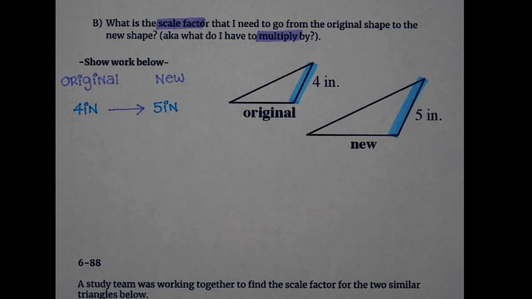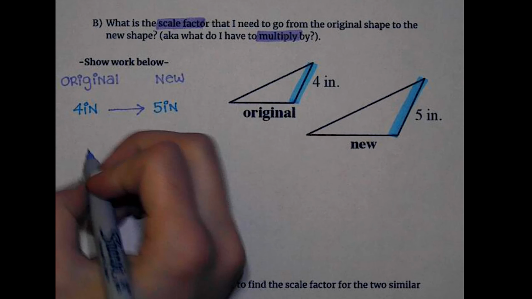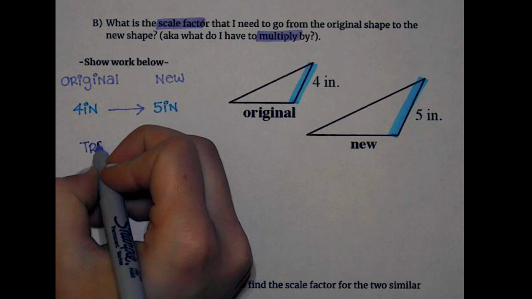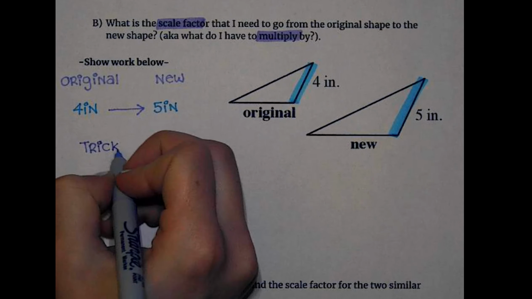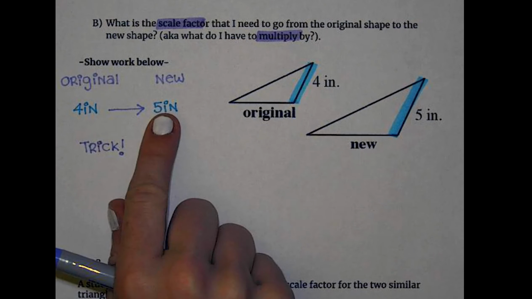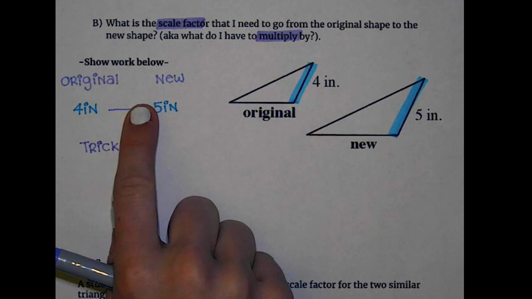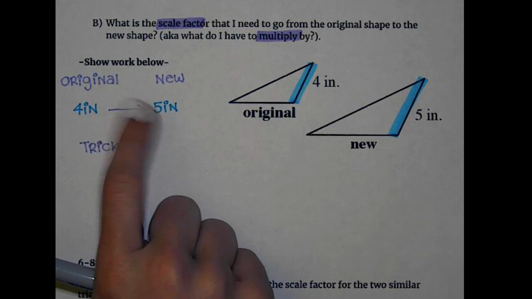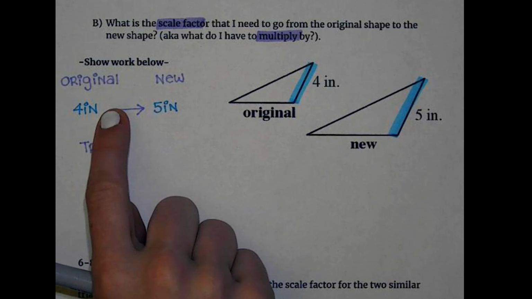And I'm going to share with you guys just a quick trick so that it will make this process a little bit easier. If we are going from 4 to 5 and we have to multiply by something, would you agree that you can then go from this to this by dividing by that same number?